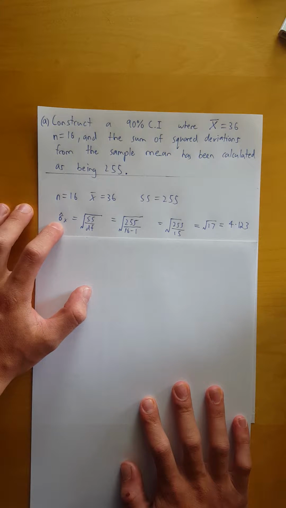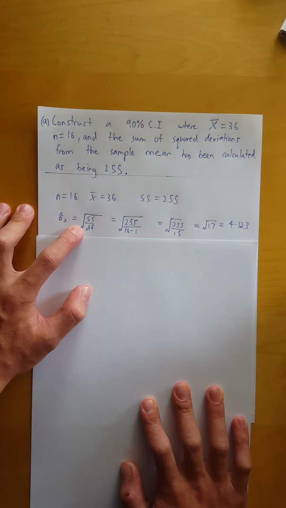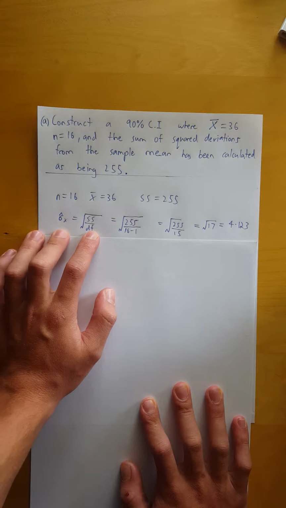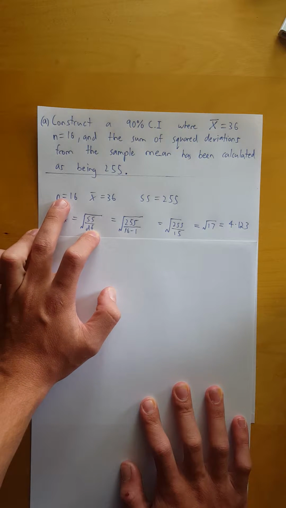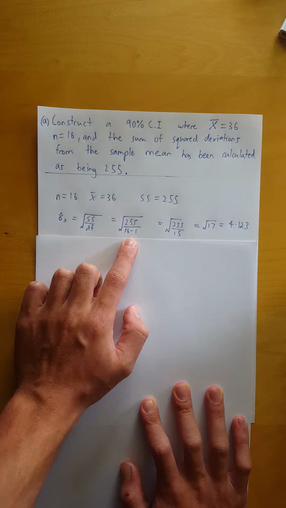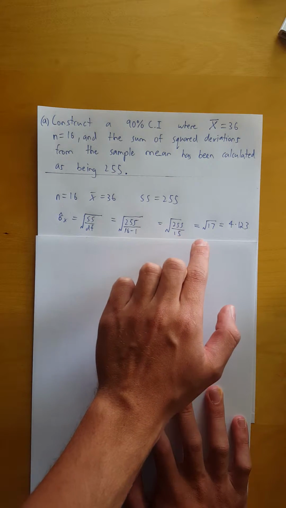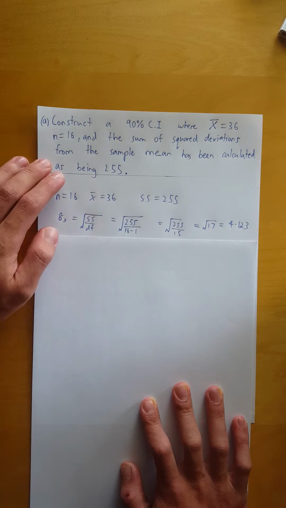So estimated population standard deviation is equal to the root of the sum of squared deviations over the degrees of freedom. And now the degrees of freedom, that's just equal to the sample size minus 1, which is here. So calculating that, that's root 255 over 15, root 17, 4.123.